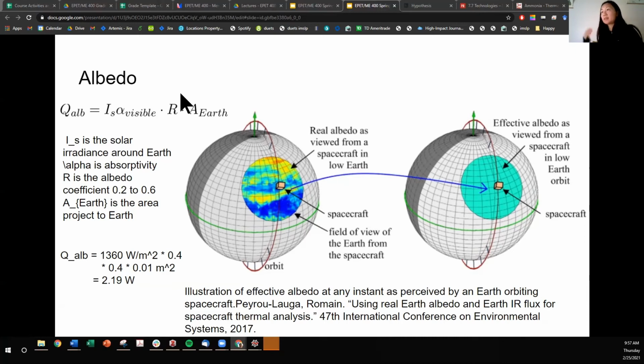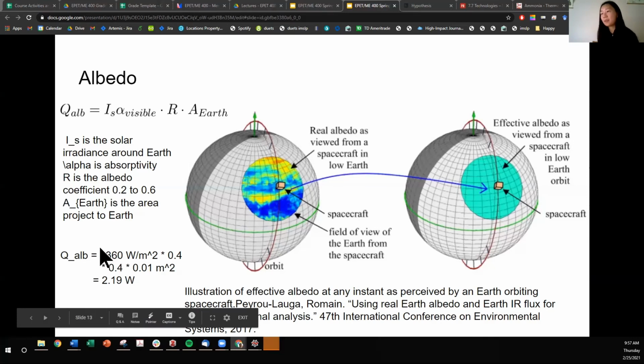It's some scaling that reduces the power, the percentage of diminished power the sun has because it reflects off the Earth instead of being a direct line of view. In most cases, R is going to be between 0.2 and 0.6. And then A of the Earth is the area of the spacecraft that is facing the Earth. We'll just assume it's a single face of the spacecraft.